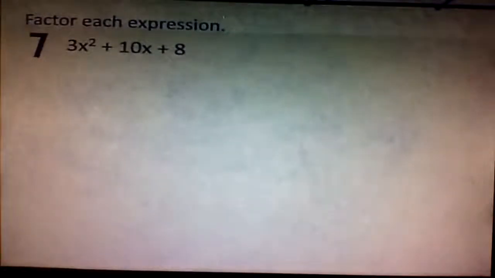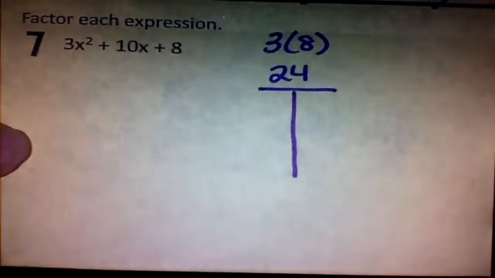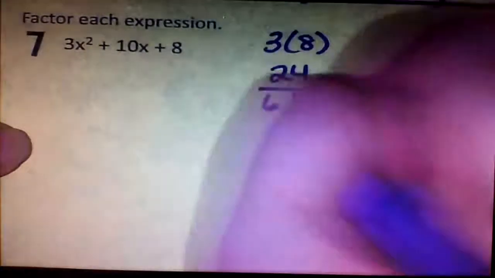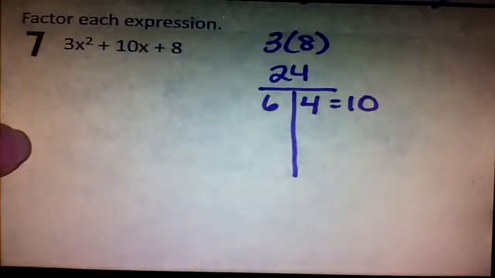Okay. Is there a greatest common factor? No. So 3 times 8 gives me 24. 6 and 4 give me 10.